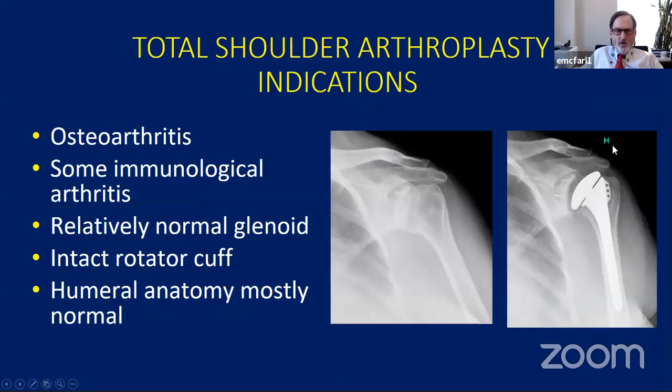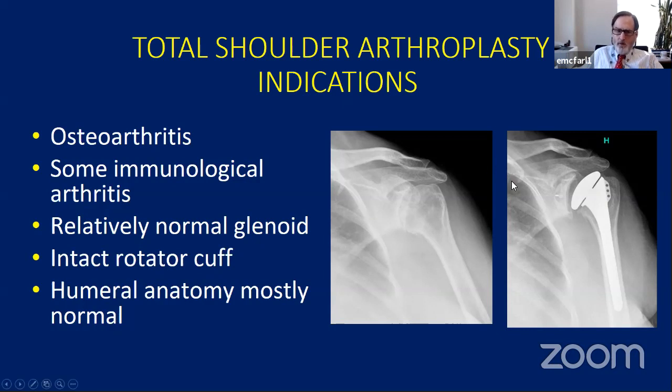The indications have been pretty well listed these days. They do it primarily for osteoarthritis, like shown here, and some immunologic arthritides. You have to, though, have a relatively normal glenoid, whether you use a pegged or, this is an older picture, keeled. And you have to have an intact rotator cuff for a total shoulder arthroplasty.